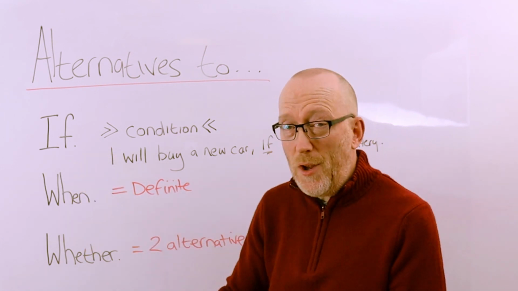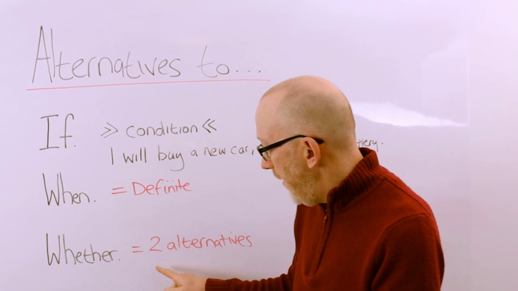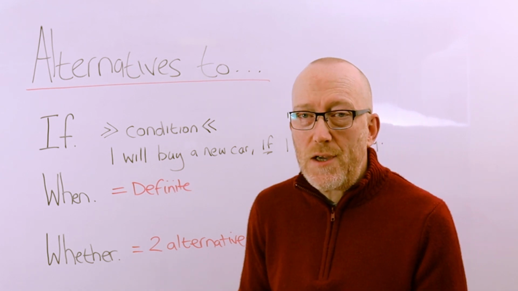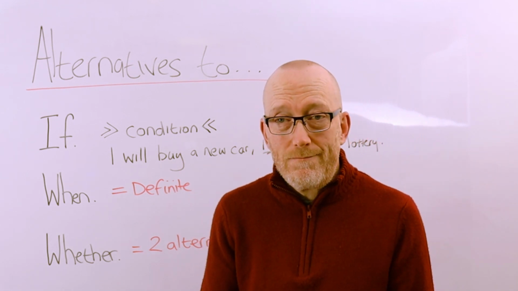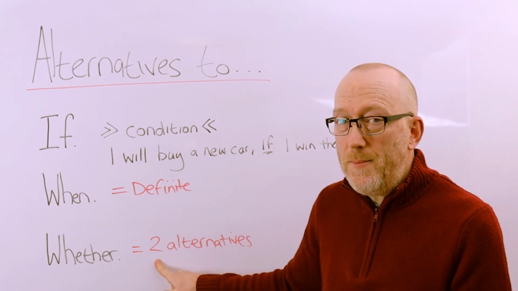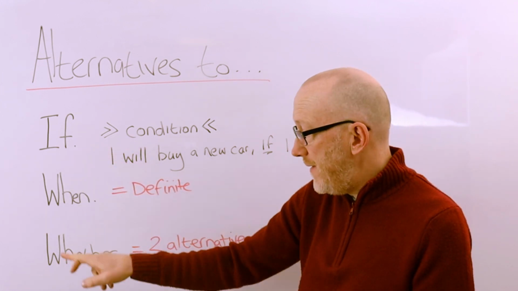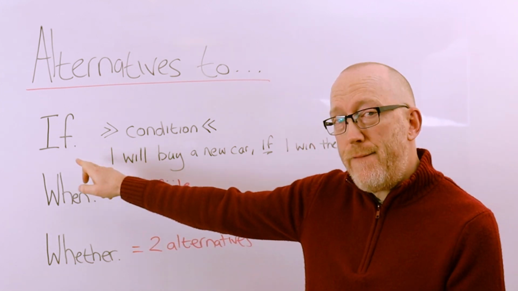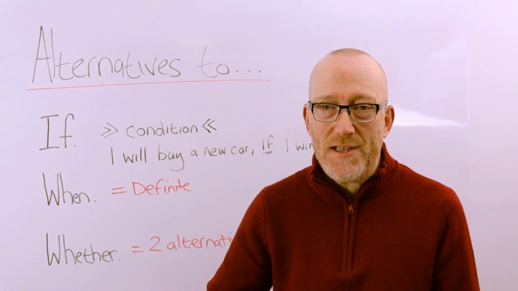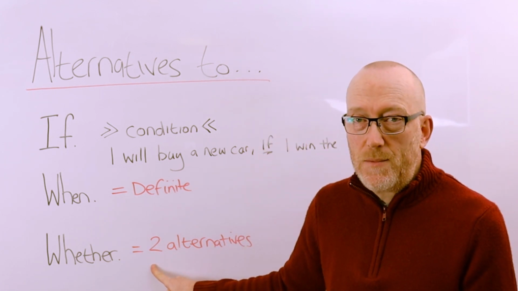So instead of using, I don't know if you would like pizza or pasta, we're going to use whether in this instance because we're giving somebody two alternatives. I don't know whether you want to go to France or to Spain. So whether is used when we're going to offer somebody two alternatives. We can create the same sentence using if, but if implies there are many, many more alternatives. With whether, we just have two alternatives.